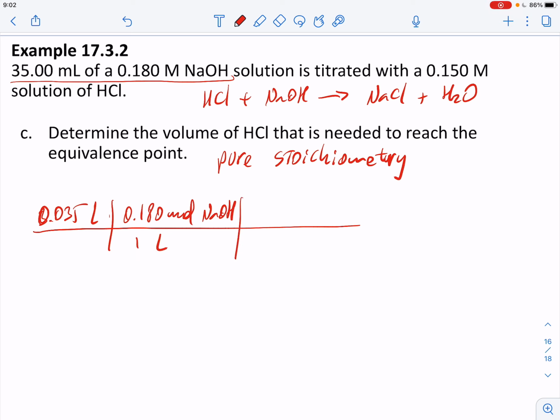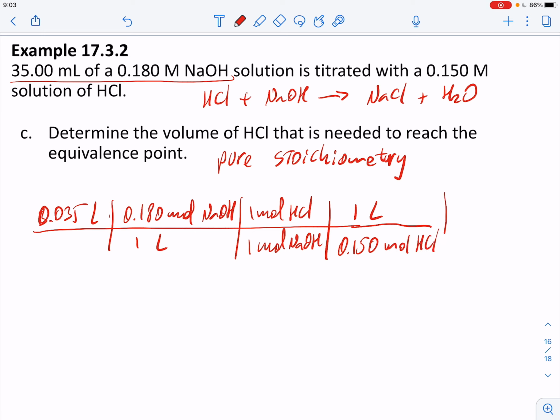Now how much acid? Well, we need 1 mole of acid per mole of base. And what volume do we need? Well, in this case, you have 1 liter of acid with 0.150 moles of the acid.